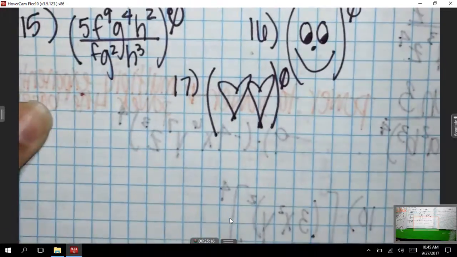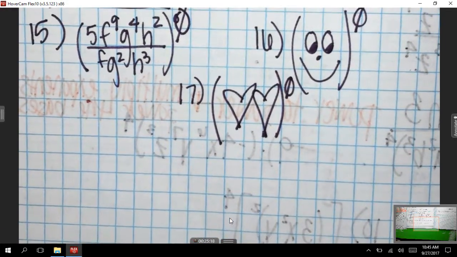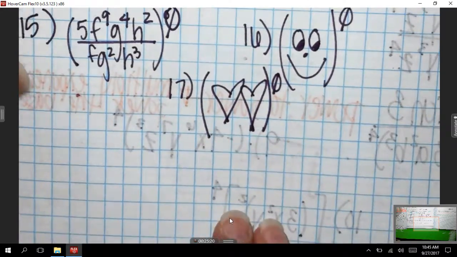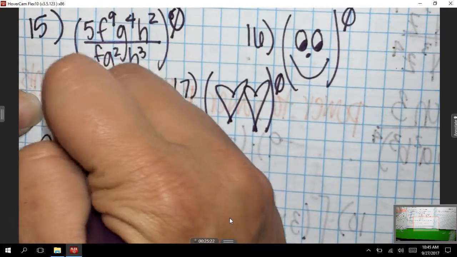Make it cloud. That's the extent of my drawing. And last section.